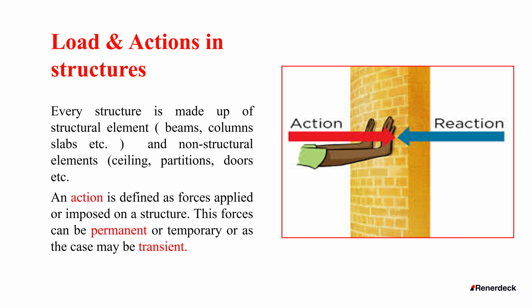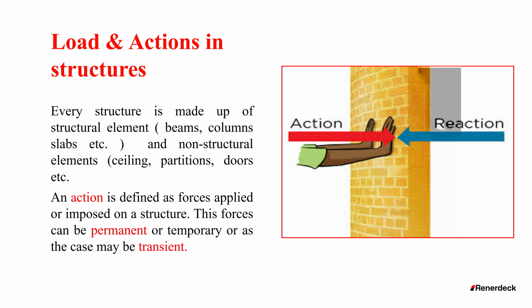Then you may ask me, what's an action? An action is just a force that is applied or imposed on the structure. This force can be permanent or temporary, or as the case may be, transient. Now look at this diagram here. It's showing someone adding a force to the wall, and the wall is giving a reaction.